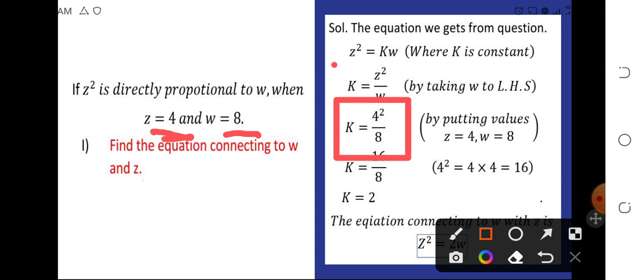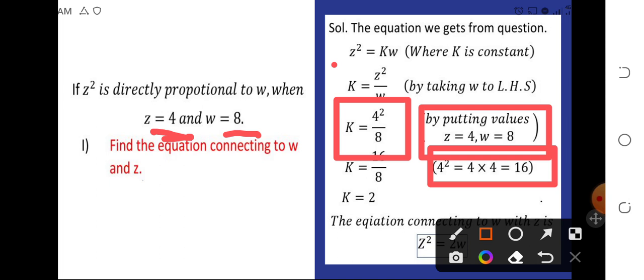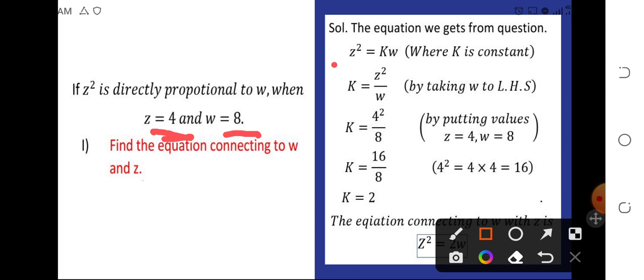As you know, when any number has a square, it is multiplied by itself. So 4 square is equal to 4 into 4, and it equals 16. Putting this value in the equation, 16 upon 8, we get the value of K, which is 2.